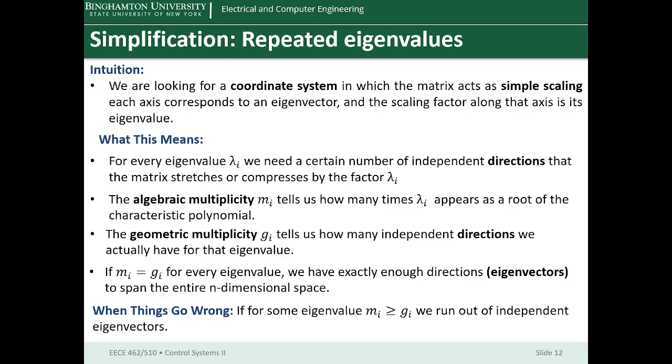So from this point on, our goal is to understand how to fix this problem, how to find additional vectors that can fill in the missing directions, and how to represent the matrix in a form that still captures its full behavior even when diagonalization is not possible. That leads us naturally to the concept of generalized eigenvectors and the Jordan canonical form, a powerful framework that shows how every linear system can still be decomposed into simple structured parts.